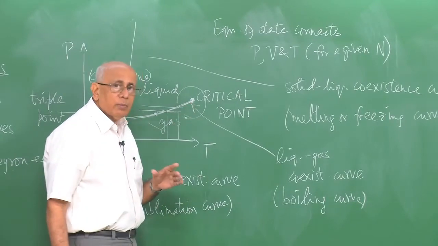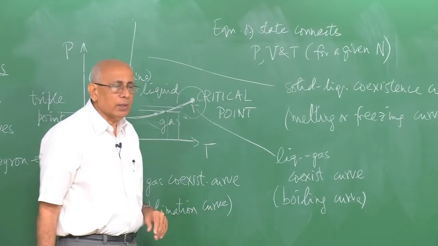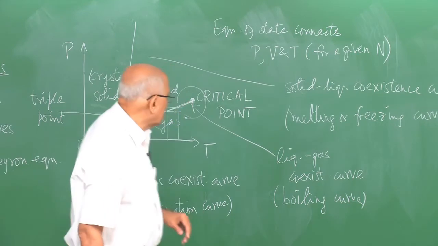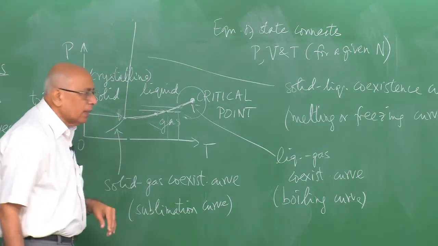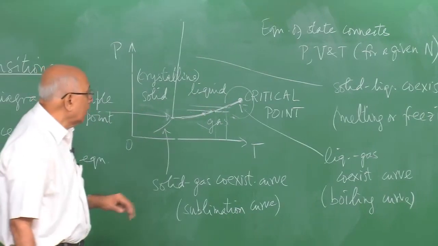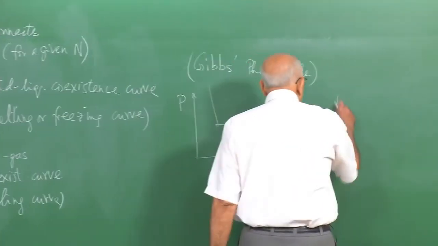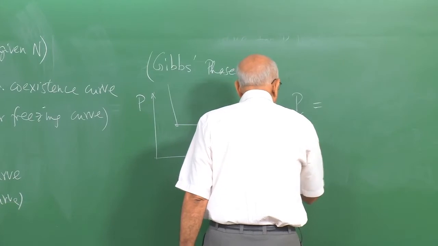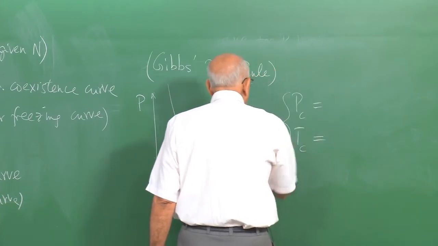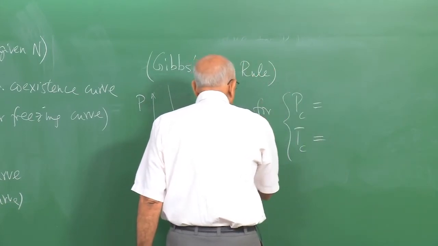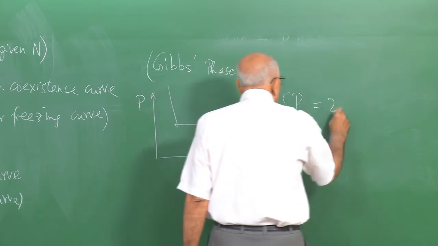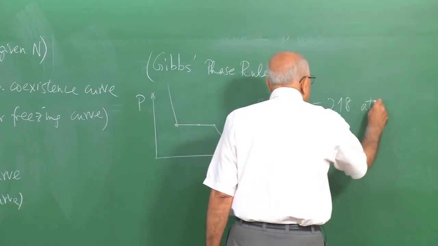Well, the critical point is much higher than the normal boiling point at 1 atmospheric pressure, and that, as you know, is 100 Celsius or 373 Kelvin. But the critical point for water, Pc and Tc for water, this is of the order of 218 atmospheres.